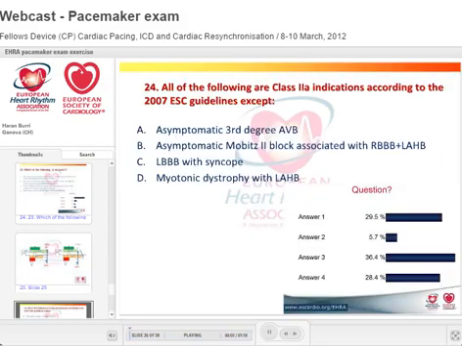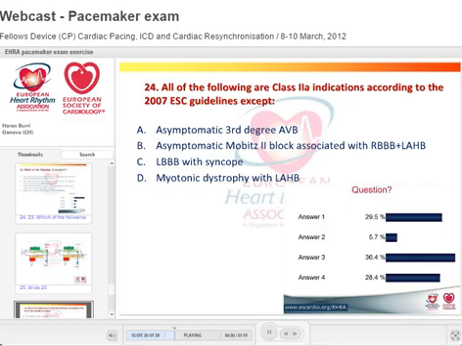Okay, 24. It's a question of indications, so please answer. Okay, right, now the correct answer was this. Now, all the others are indeed class 2A. Asymptomatic third degree block, class 2A indication, even though it's asymptomatic.